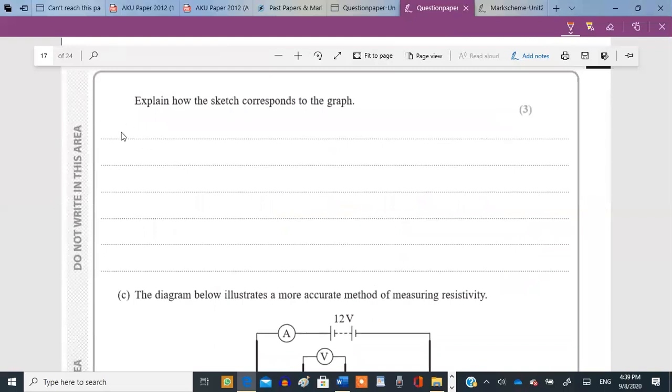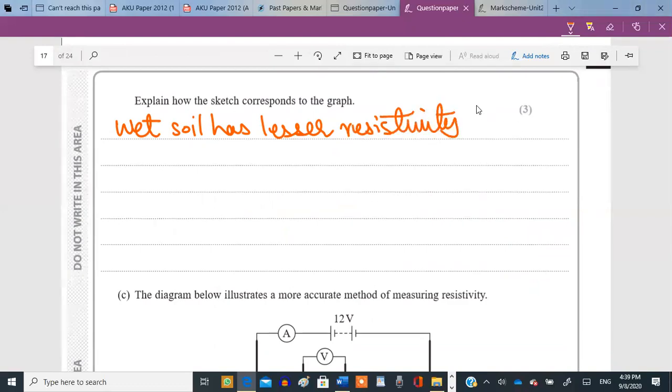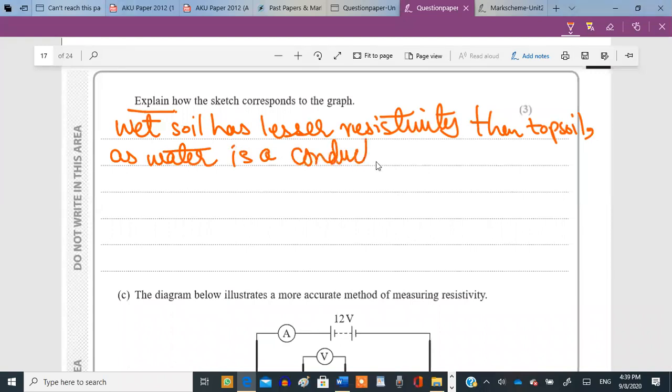This is the first point to write: wet soil has lesser resistivity than topsoil. And if we need to explain it, the reason is that water is a conductor, so it has a low resistance.